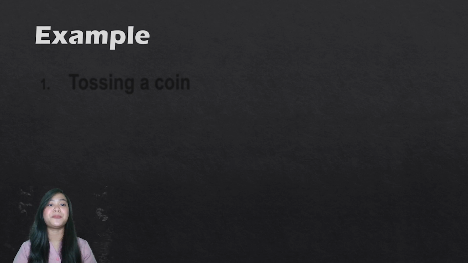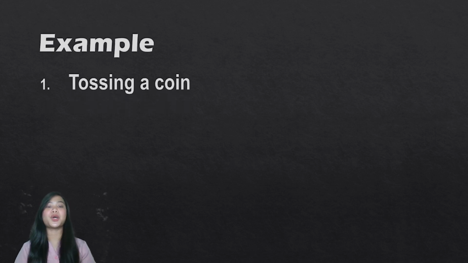First example, we have tossing a coin. We know that tossing a coin is used as a game or for decision making. Let's say you and your friend are arguing and trying to come up with a decision, and you decide to toss a coin, where the outcome will determine whether you will do something or not.